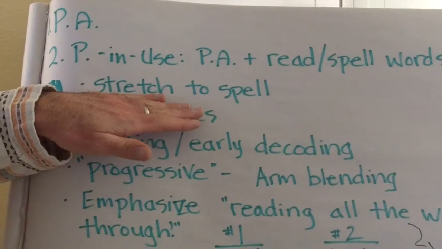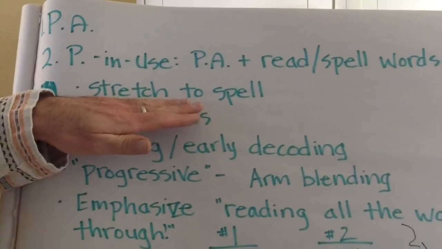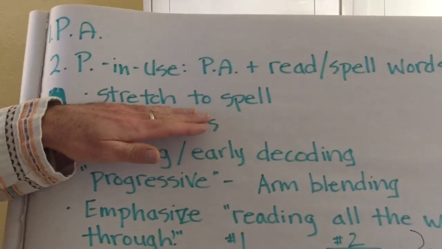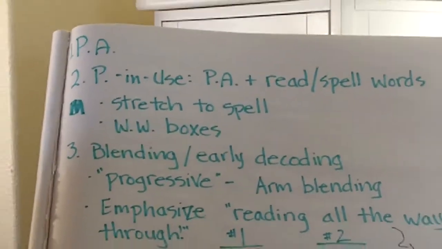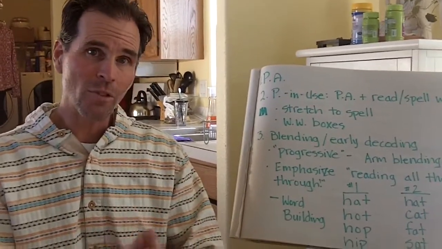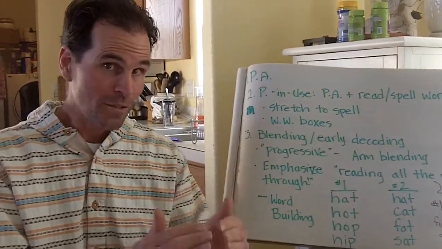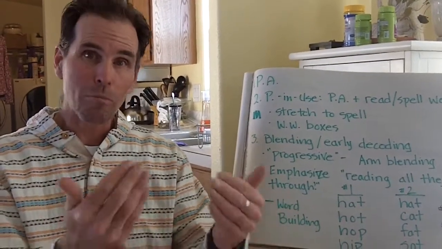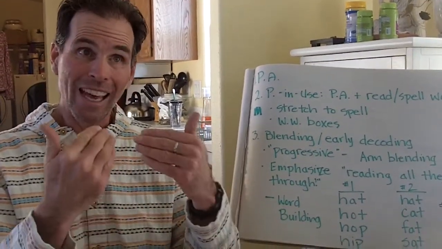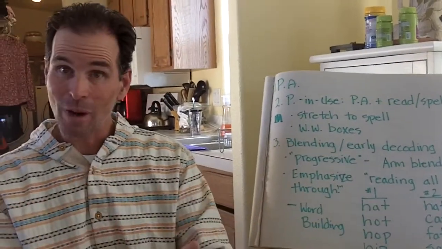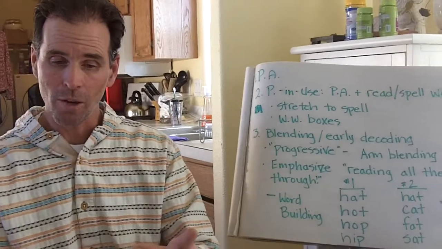First we're going to look at what's been called stretch to spell, or in my article, we called it scaffolded spelling. Early on, it's a very careful process with kids who are just learning a set of letter sounds, who are developing a phoneme segmentation ability. And now we put those together and it shows kids why they learn letter sounds, that they can actually write words when they do so.